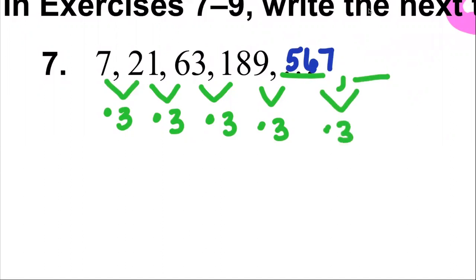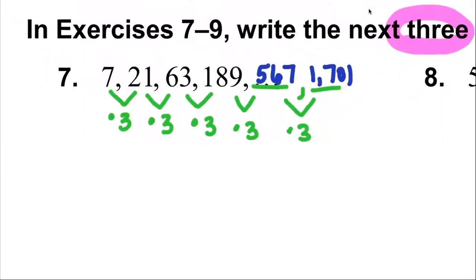So I take that number and I multiply by 3 to get 1,701. Okay, and then we have to do it one more time. Multiply by 3 to get our next term of 5,103.